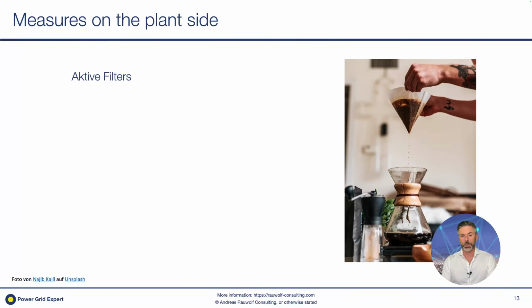We have the active filters. The active filters, as the name already says, have some active parts in it, similar to the PFC modules in small switching power supplies. They are checking the signal, they are checking the disturbances, and they're at the same time creating a counter signal to remove those disturbances, at least a part of it.